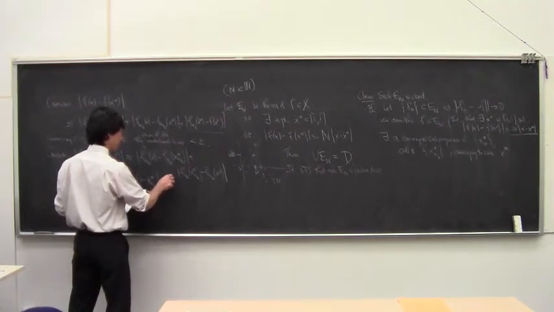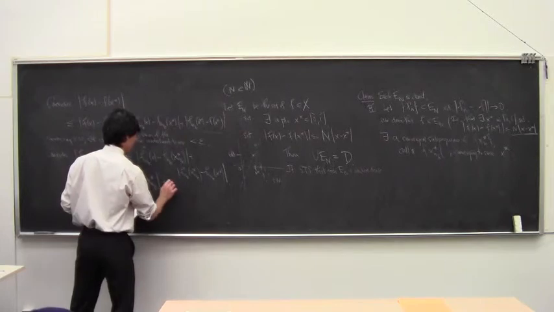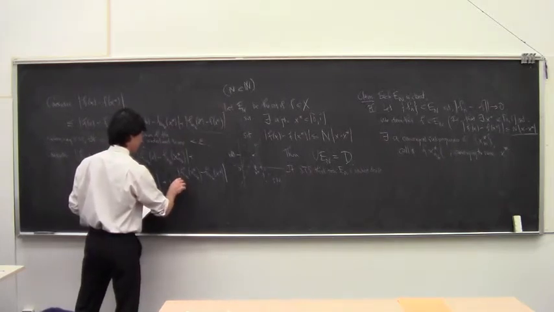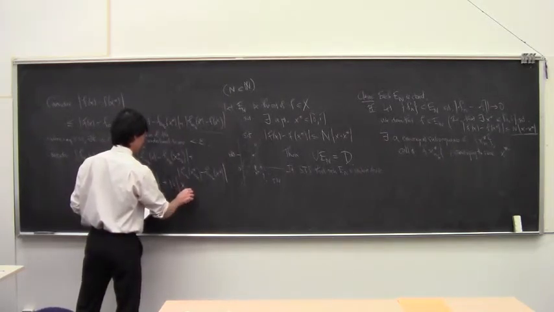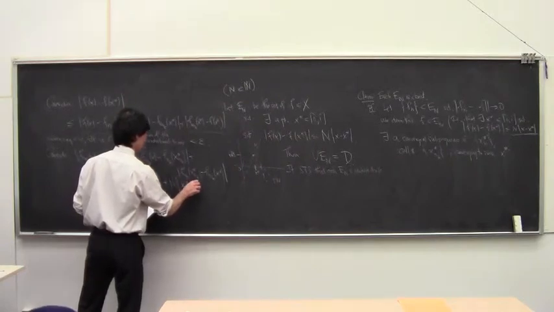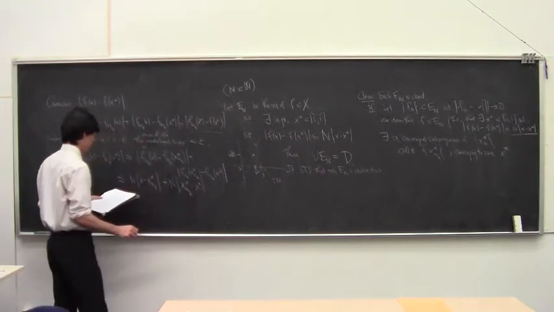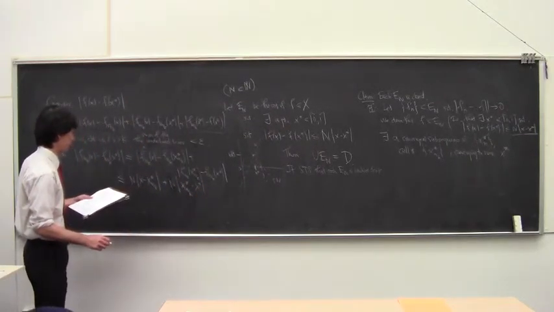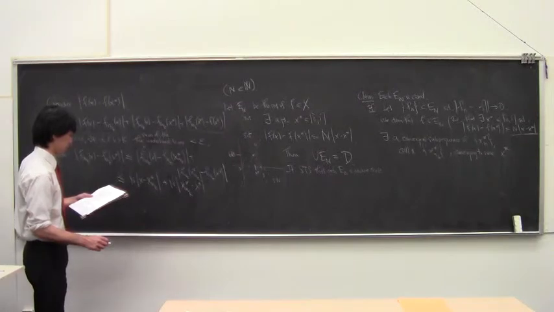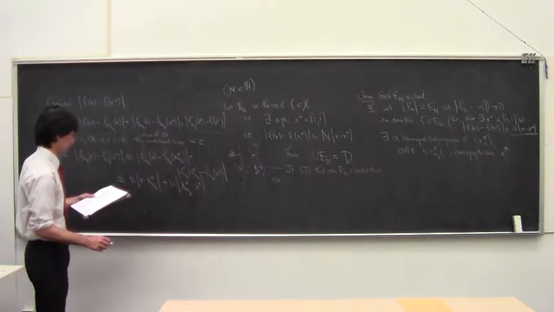And the second part is controlled by n times x_{n_k} star minus this. Okay.